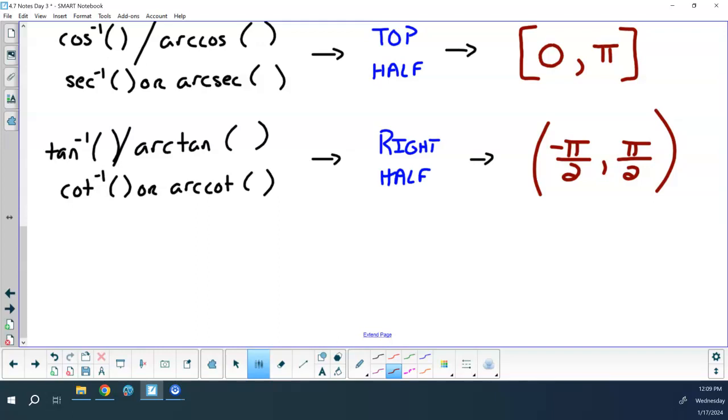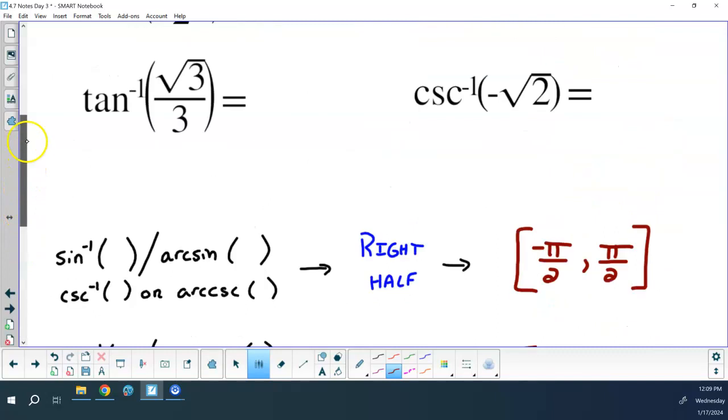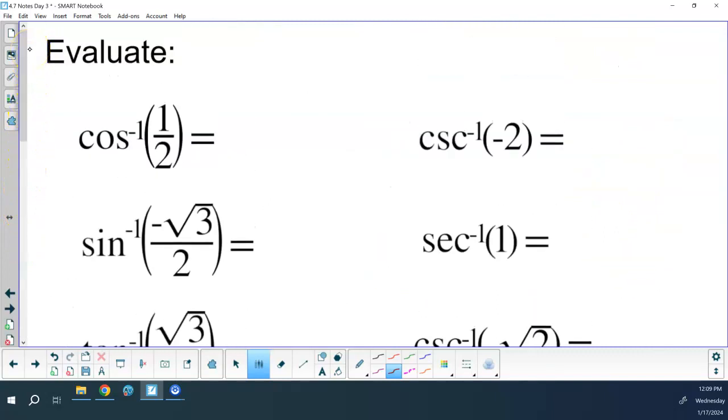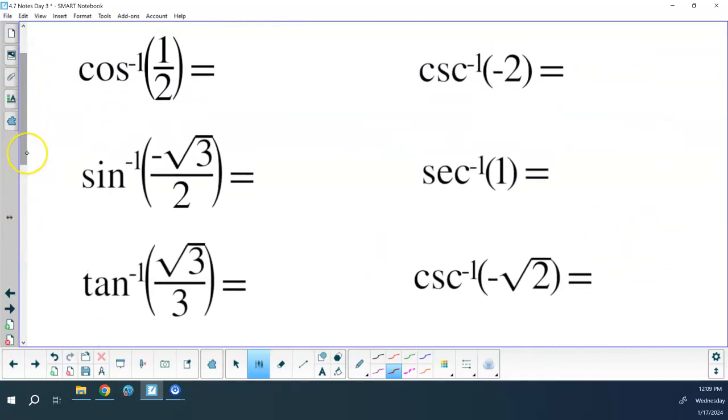Okay? With me? With that being said now, evaluate those 6 trig functions for me. So if I've got the cosine of 1/2, I'm looking at the top half of the unit circle. I'm looking where the x value is 1/2.